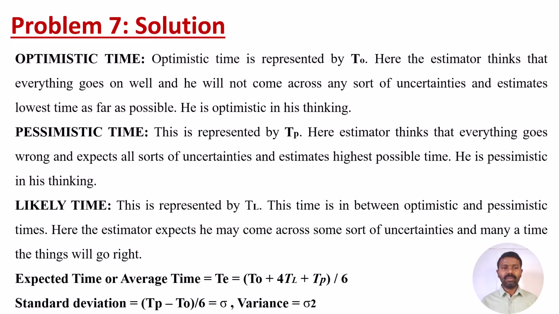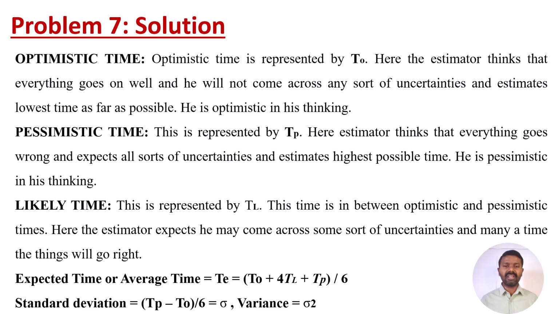So the optimistic time is represented by T naught, and here the estimator who is estimating the time will be thinking that everything goes well and he will not come across any sort of uncertainty, and estimates the lowest time possible.